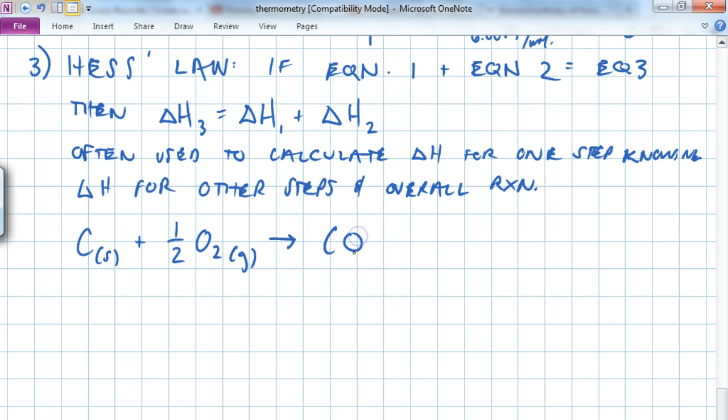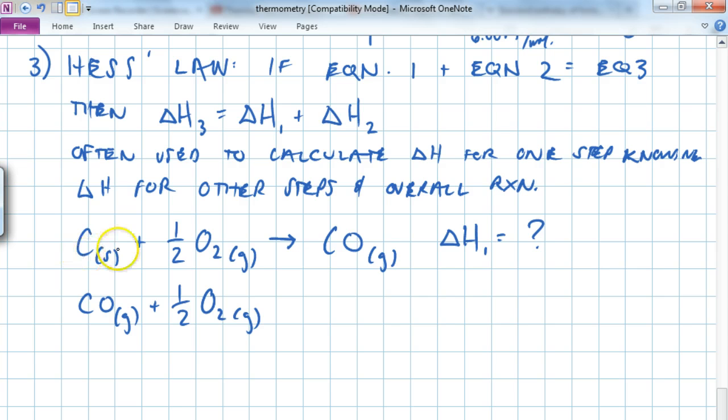In the first step, one carbon atom combines with one oxygen atom to make carbon monoxide. And let's say that we don't know what delta H for that is. In the second step, carbon monoxide combines with another atom of oxygen. Yes, 1/2 O2, that just means 1/2 a mole. Okay, so I'm talking here in terms of atoms, but this is moles as well.